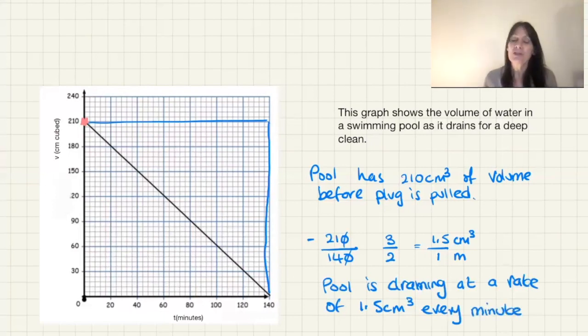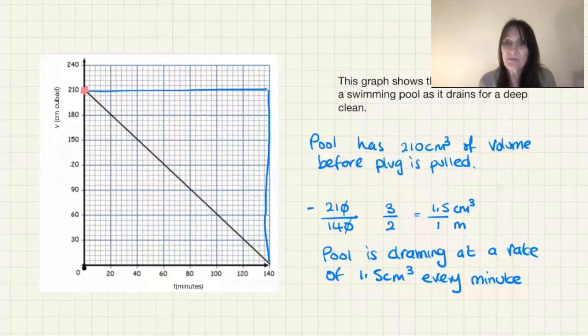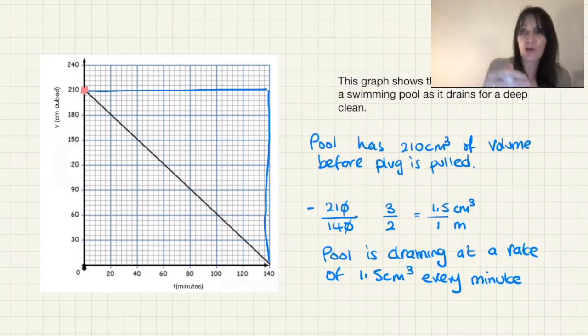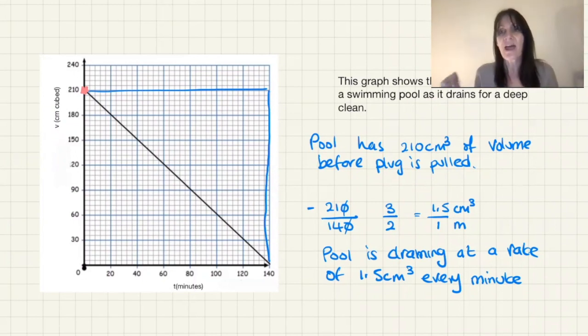And again, your wording may very well be different to mine. You may have stayed with the numbers 3 and 2 and talked about how 3 centimeters cubed was going out of the pool every 2 minutes. And that's still correct. You have interpreted that gradient in context to the story. And that's really what they're looking for you to do.